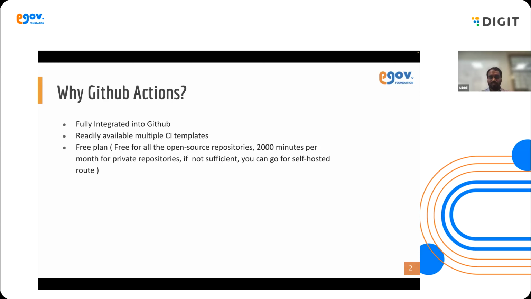But with GitHub Actions, you have free runners where you can run your code on free servers, or if you configure your repository as private, you can have 2000 minutes per month. And if not, you can go for the self-hosted route.